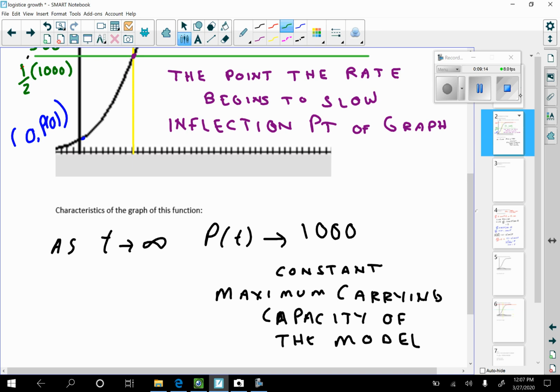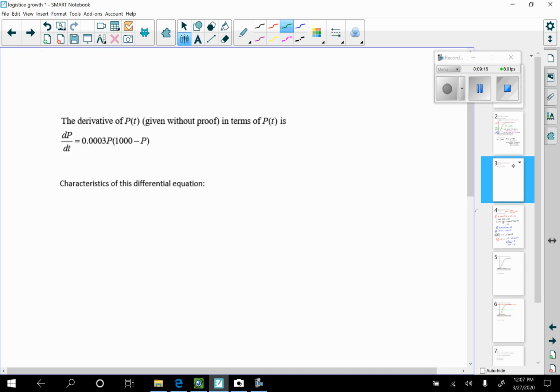So what I'd like to do at this point is look at this guy right here. This is given without proof, this is the derivative of this population. So this is the derivative given that P of t is equal to the function 1,000 over 1 plus 15.393 e to the negative 0.3t.